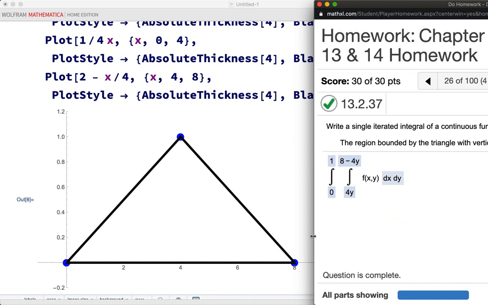So let me start over. If I split this up into 2 iterated integrals, then what I really have up here would have x ranges.